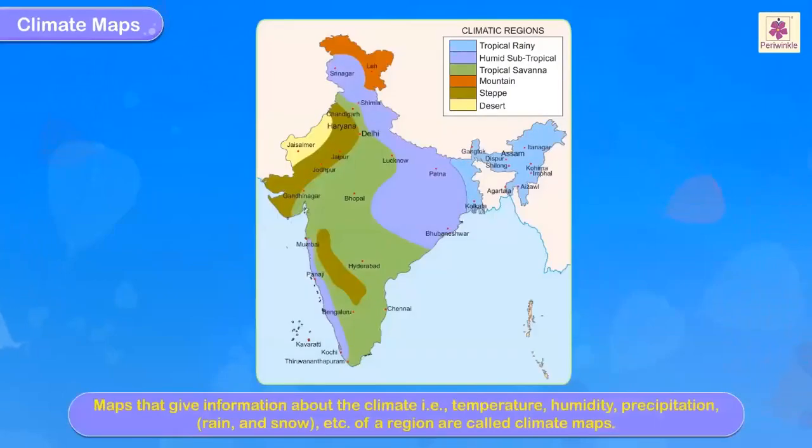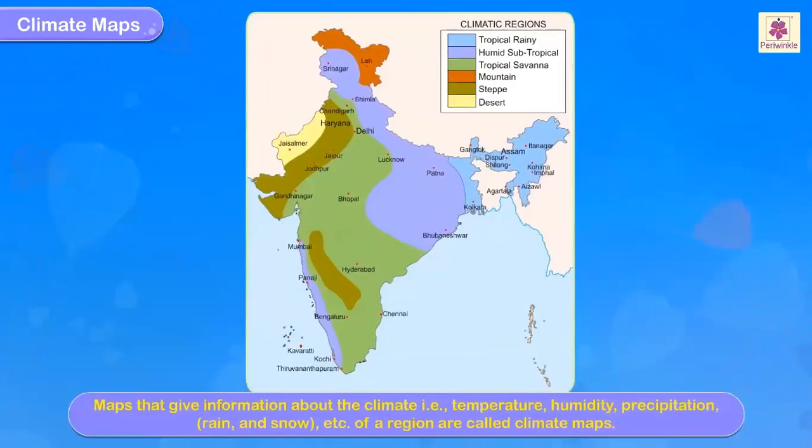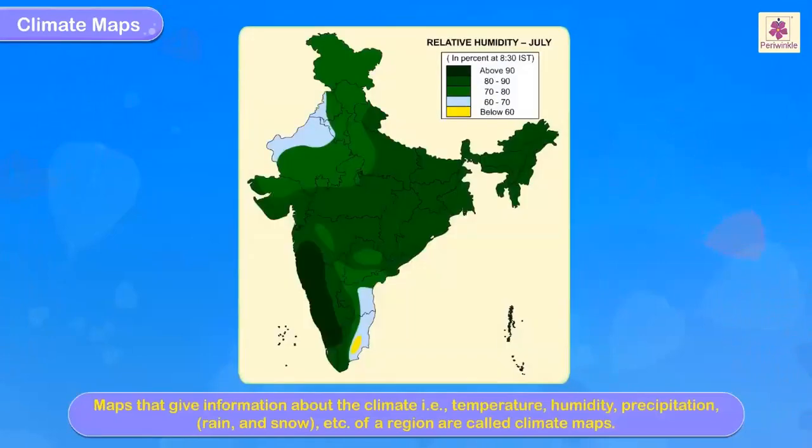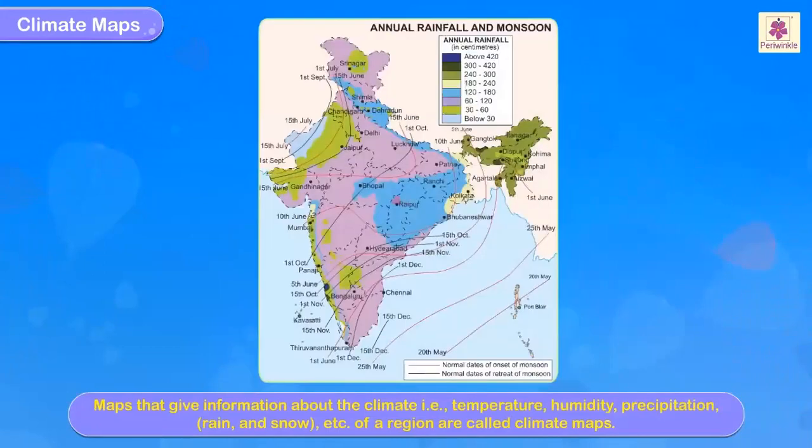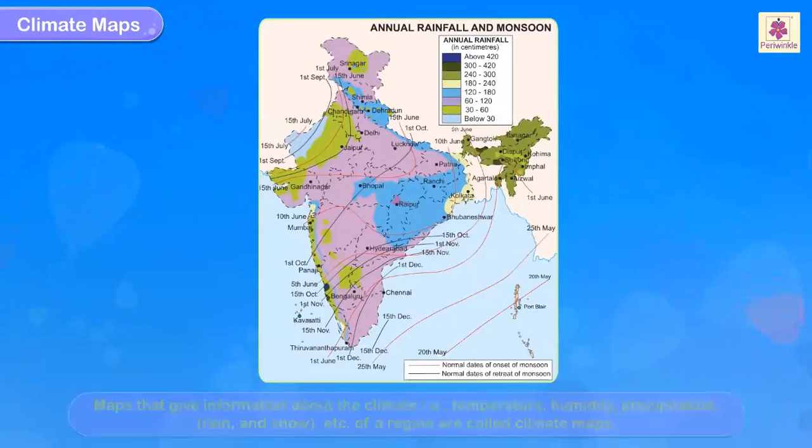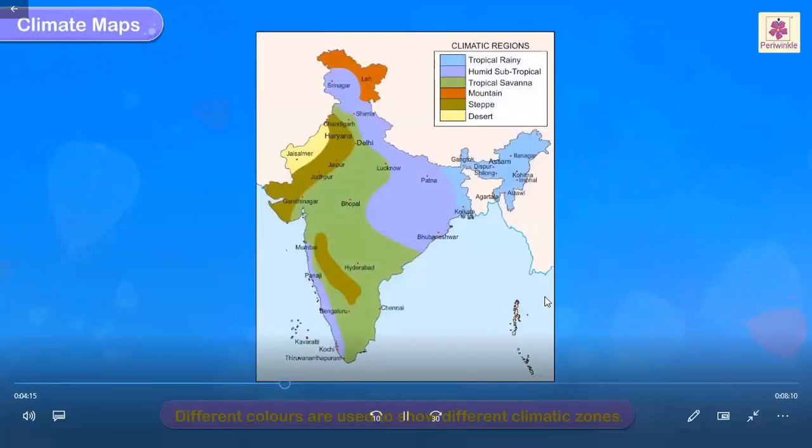Maps that give information about the climate, that is, temperature, humidity, precipitation, that is, rain and snow, etc., of a region, are called climate maps. Different colors are used to show different climatic zones.